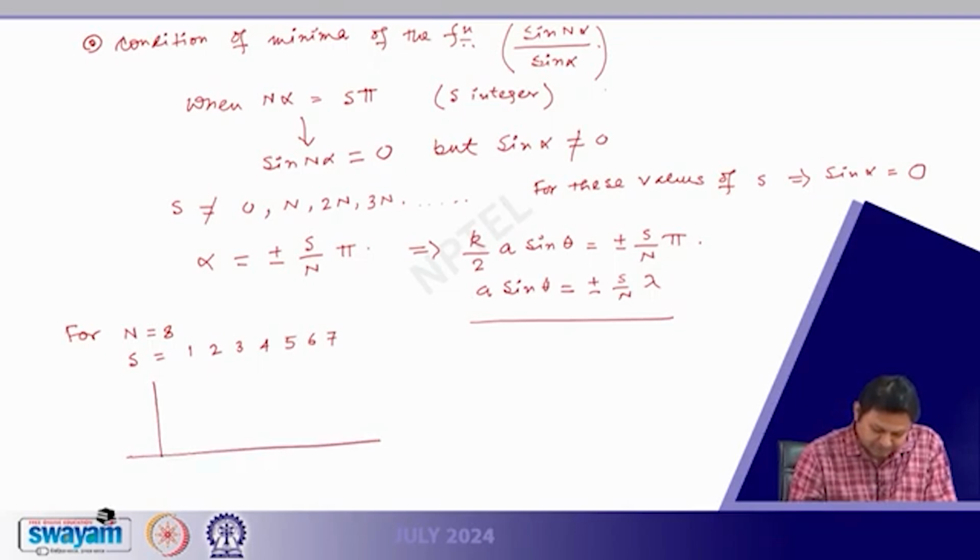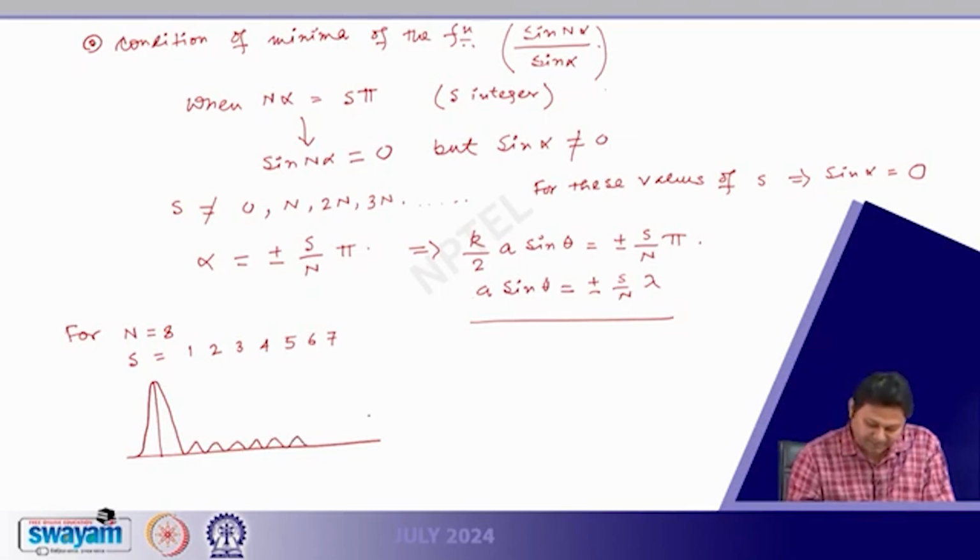I have a peak at some value, and there should be seven minima before the next peak. So, here we have minima 1, 2, 3, 4, 5, 6, 7, and then we have a maxima again.